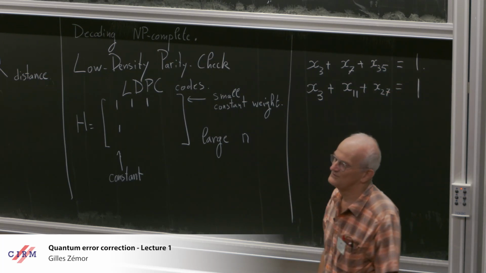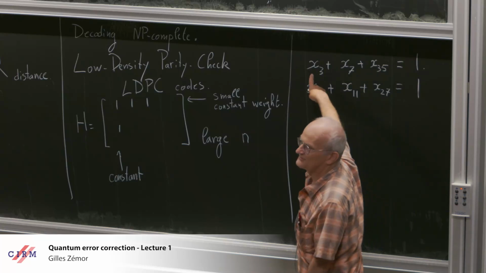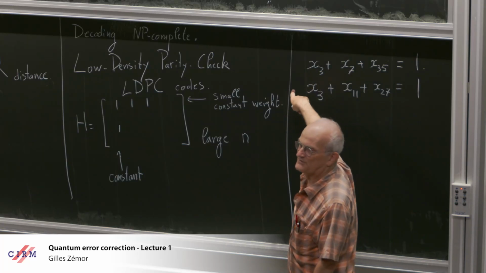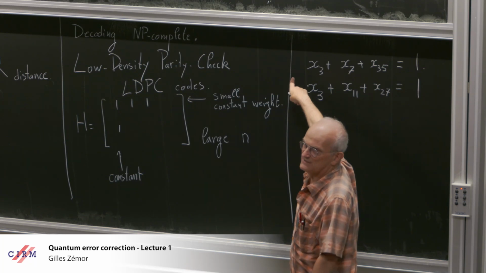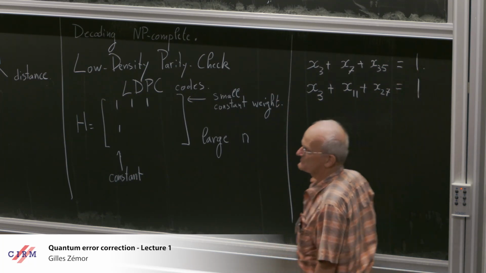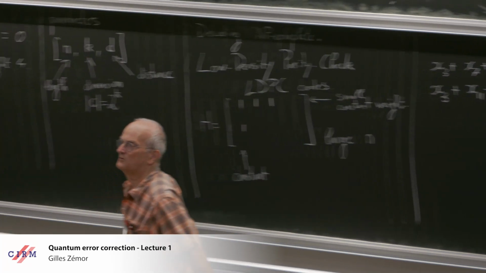And then you will think, oh, it's extremely likely that I have an error in position 3. If I just change the value of bit number 3, those two equations all of a sudden will be corrected.